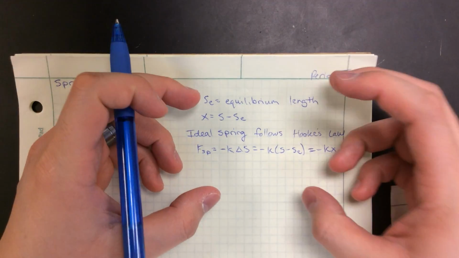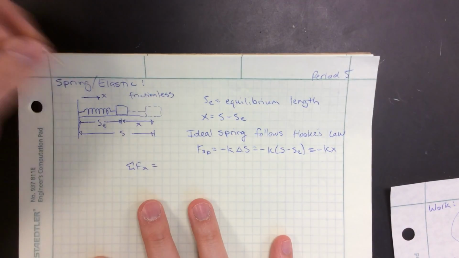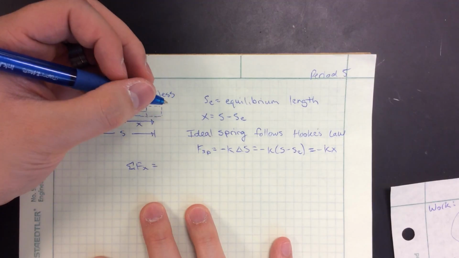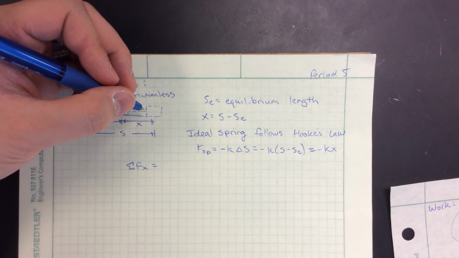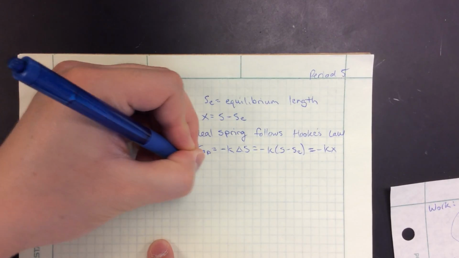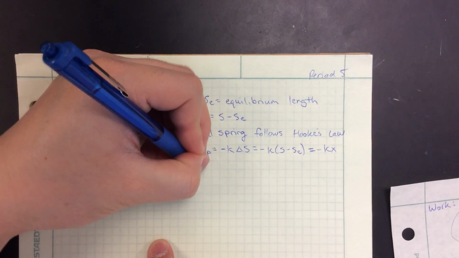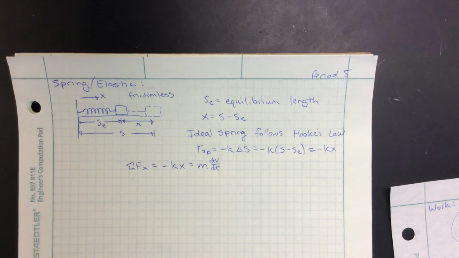So this is the way this kind of force works. If we sum up the forces in the x direction on this box, at a certain position, and the only force acting on it is the force from the spring, you'll have negative kx equal to m dv/dt, right? I think you can kind of imagine where we're trying to go from here.